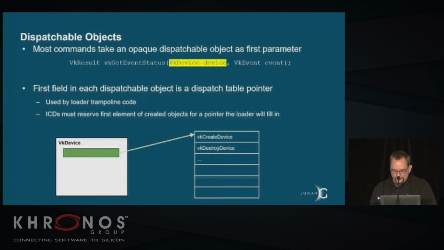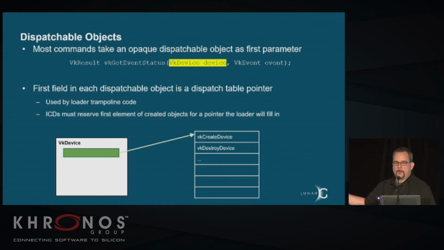The reason why is that each object you create in Vulkan is dispatchable. That means that when you create something, the object structure contains a dispatch table to know where it needs to go throughout the entire call.